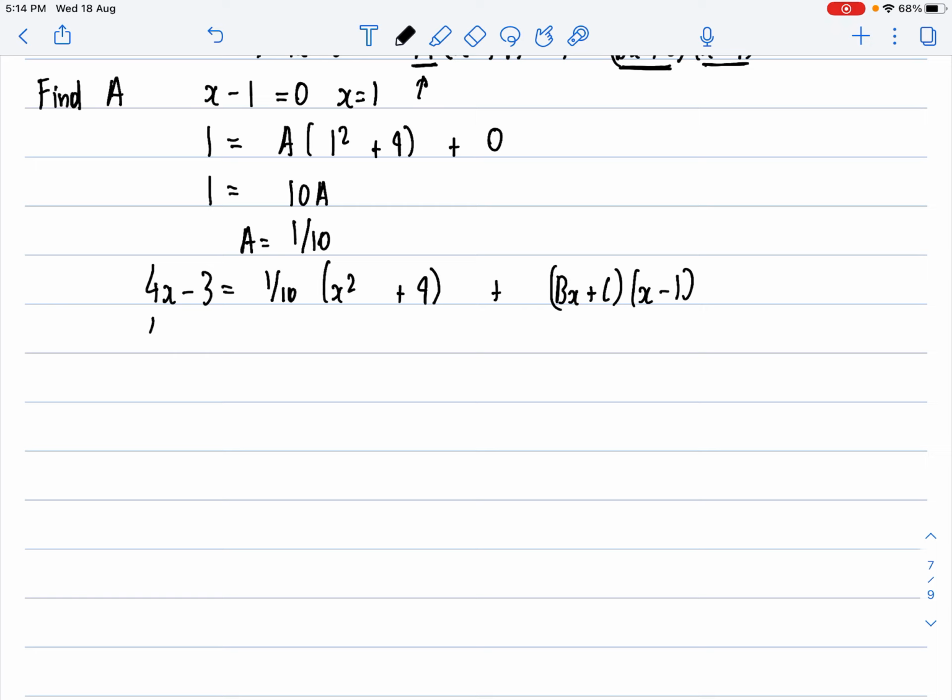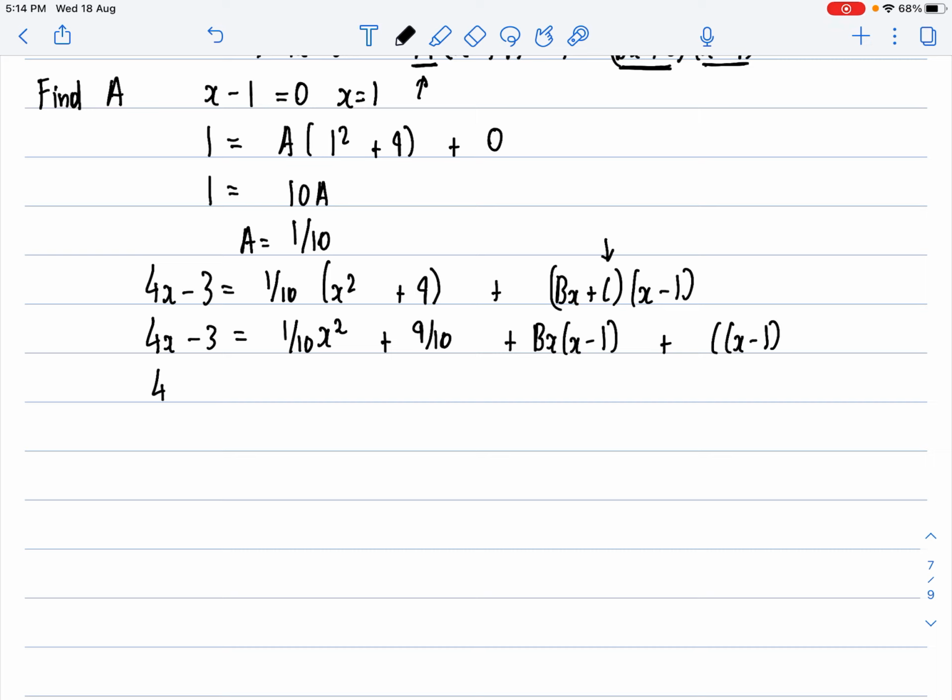So you basically get 4x minus 3, which is equal to 1 over 10 x square plus 9 over 10 plus, here basically you'll get bx into x minus 1 plus c into x minus 1.